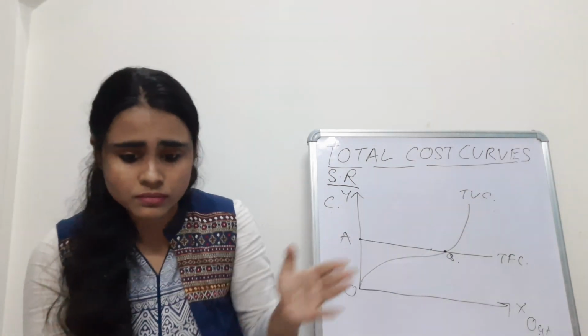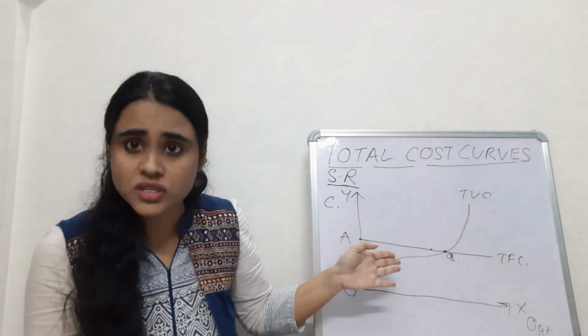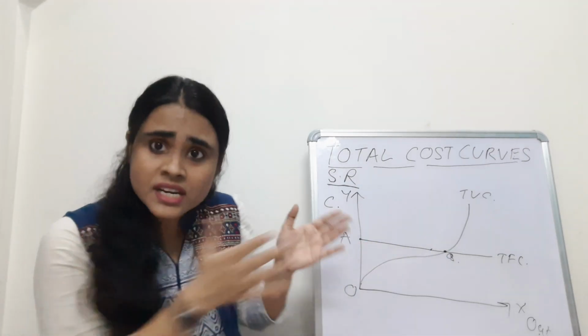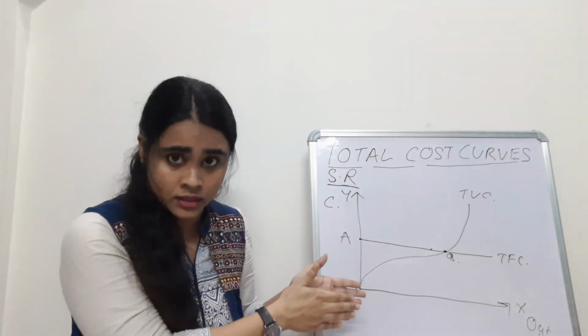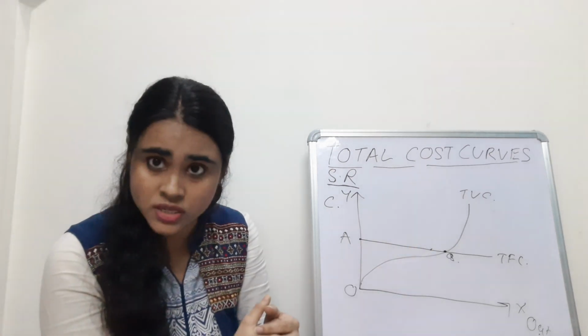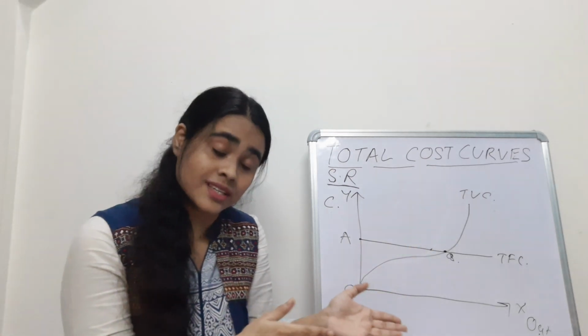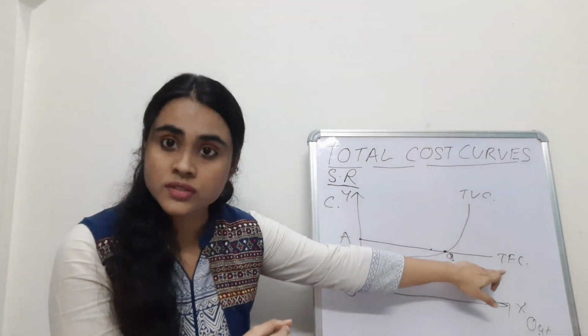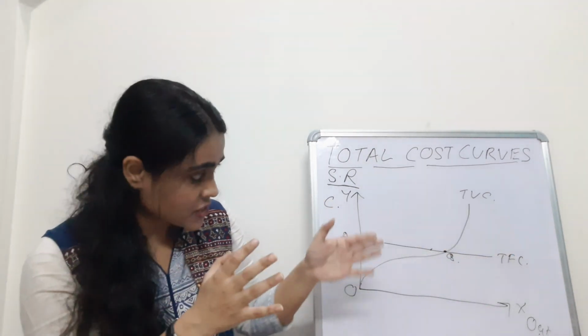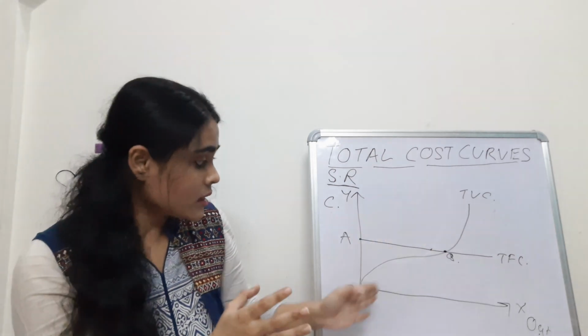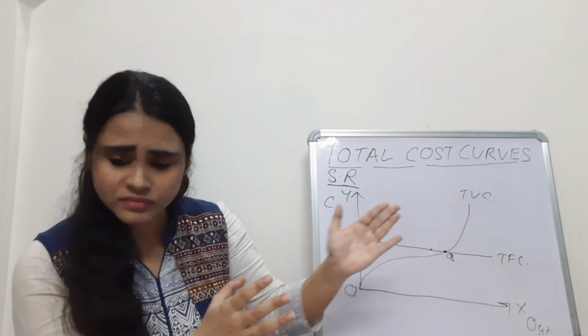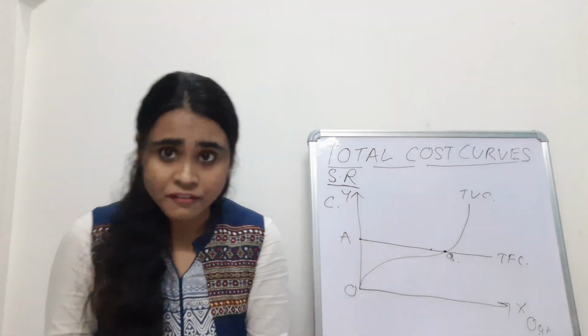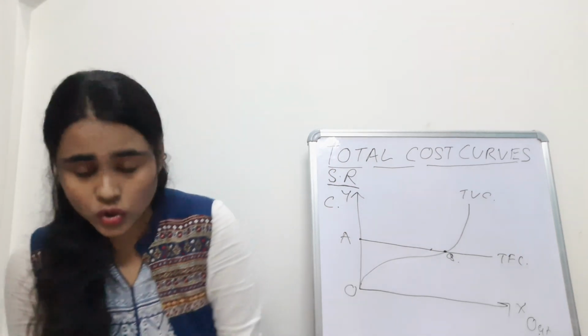So first, we are getting increasing returns in the variable inputs because of the fuller utilization of the fixed cost and greater specialization. So we are getting increasing returns to the variable inputs.